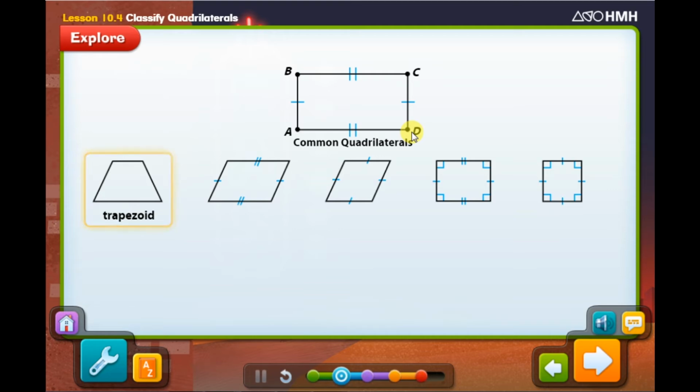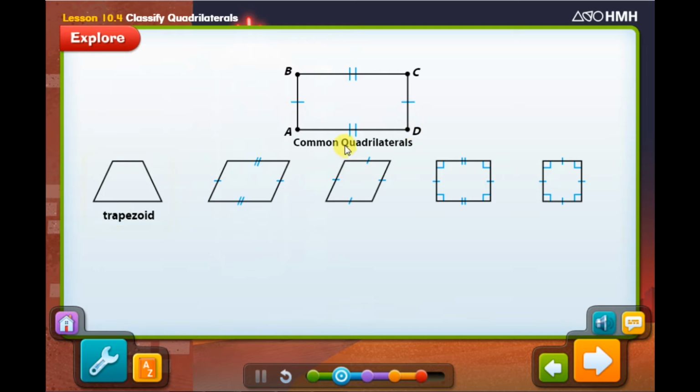Okay, and what else? Parallel. Parallel means, we talked about it yesterday, the lines which are walking side by side and they never intersect, or never meet. So how do I know the parallel sides? By putting a tick.